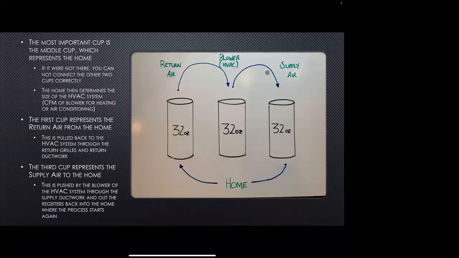And then the third cup represents our supply air or supply ductwork. So this blower then pushes it on a positive side. So it's sucking here, it's pushing it here through the furnace, the HVAC system, heating, cooling the system, and then back out to the home through the supply ductwork and registers. And then we keep continuing this process over and over.